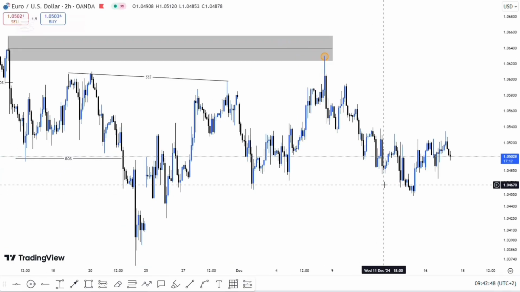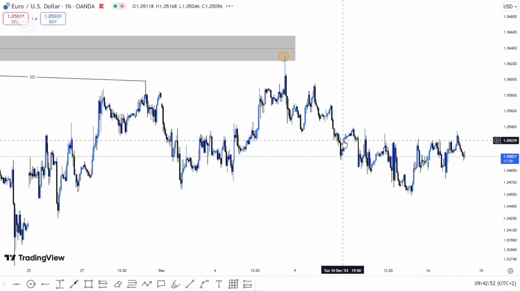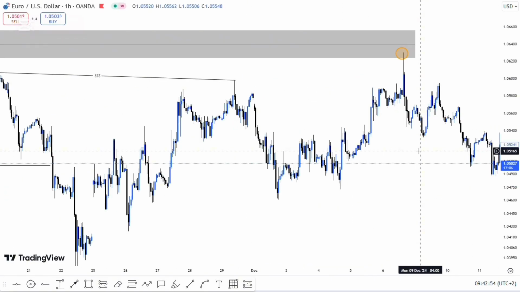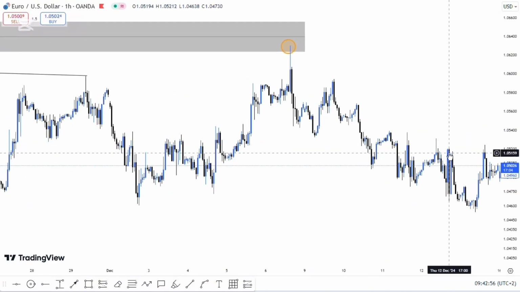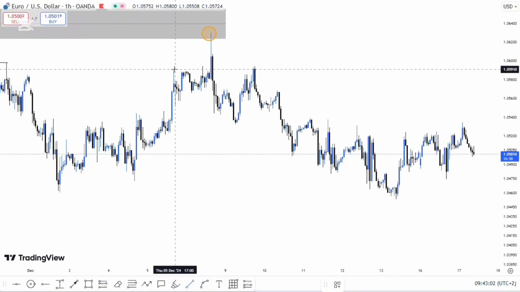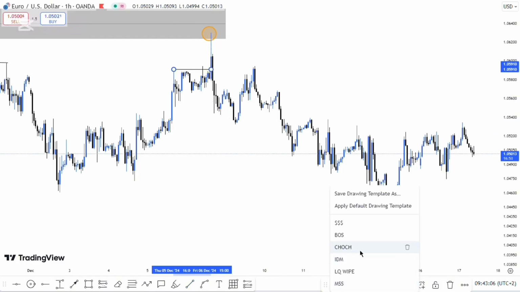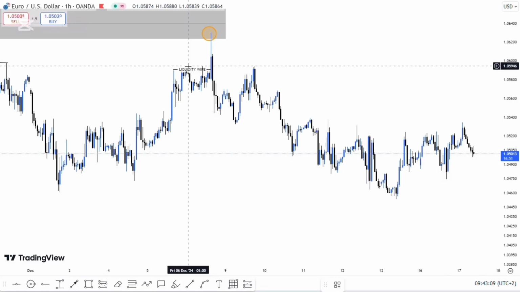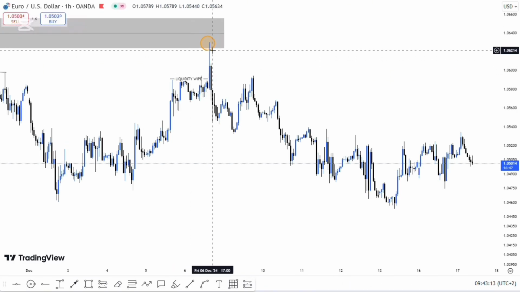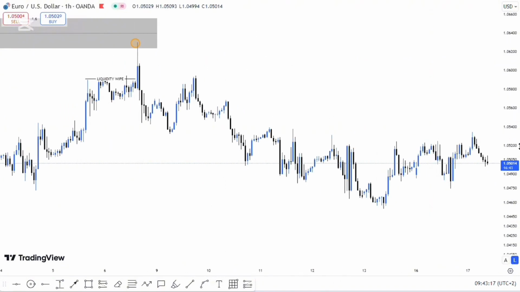So now, as to how we'll join these sells, let's move down to the 1 hour chart. Once price taps into an origin, it clears liquidity. As you can see here, we had sort of equal highs, which price swept to tap into this origin.